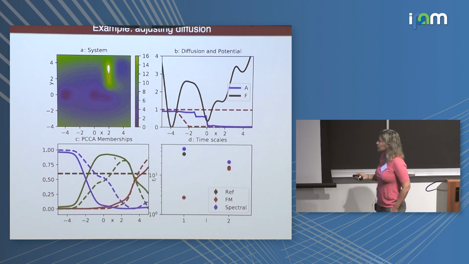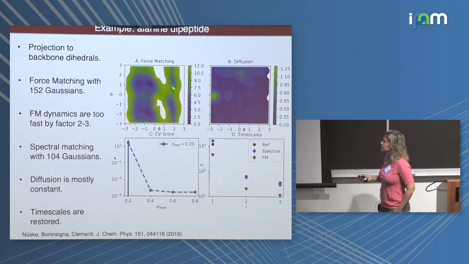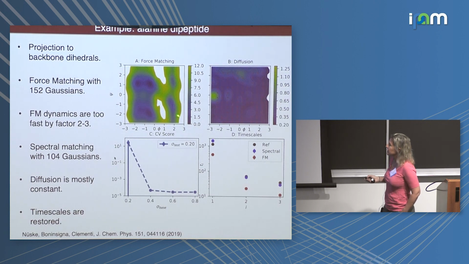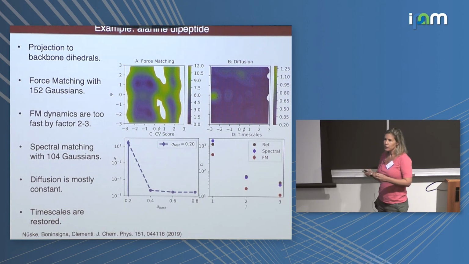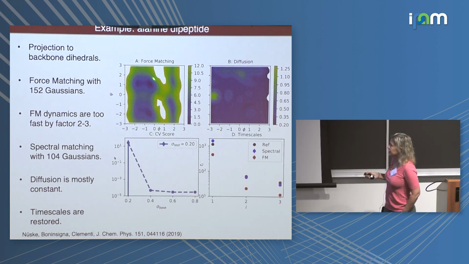So we think that this can be useful, and this is for alanine dipeptide. This is with coarse-grained alanine dipeptide. In this case, it's the molecule I showed you before. We coarse-grained it just in two coordinates that are these two phi-psi dihedral angles. And this is the potential we obtain from force matching that I showed you before.